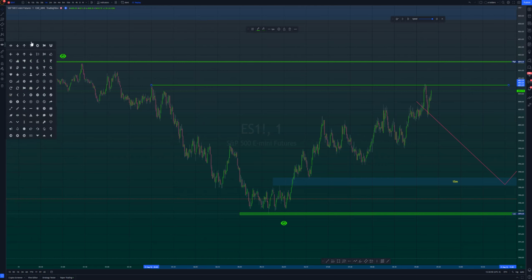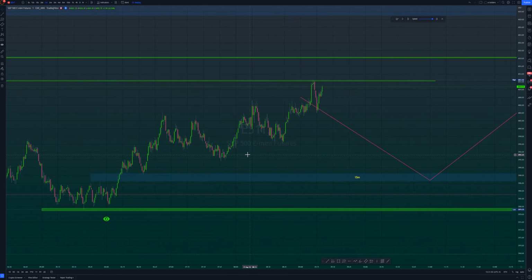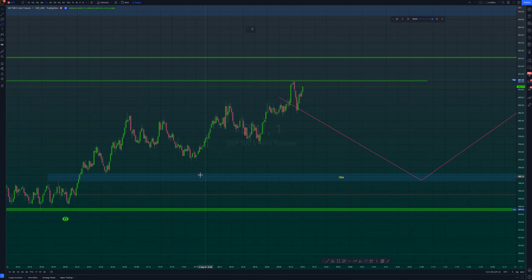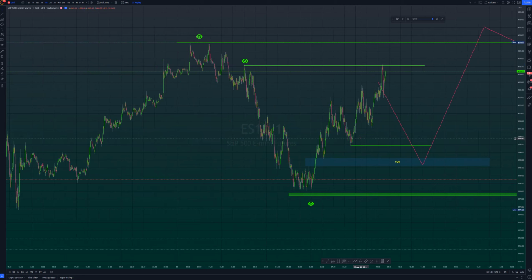So now we're watching this level also. And down here we have a small level with these two relevantly equal lows. So this is also aligning with our plan.